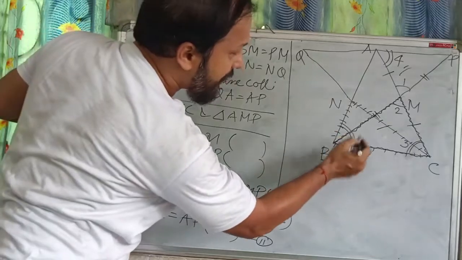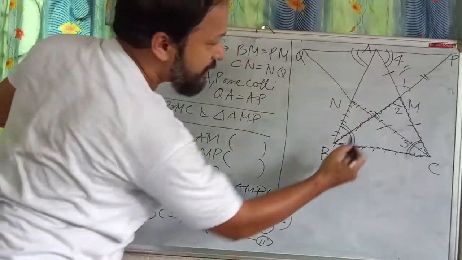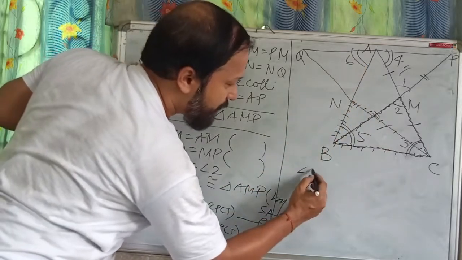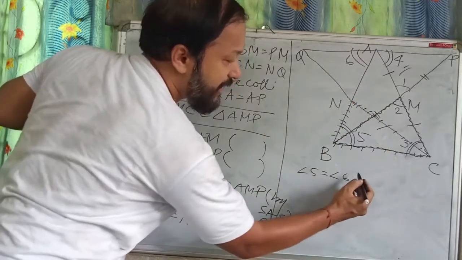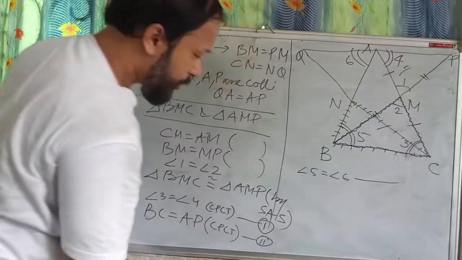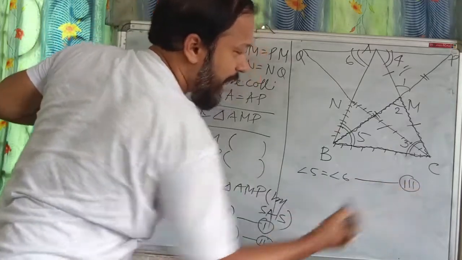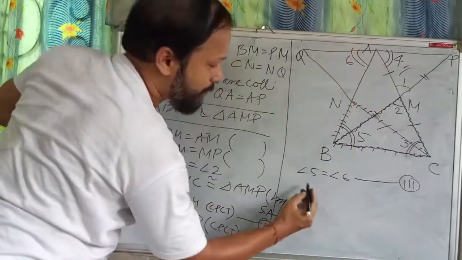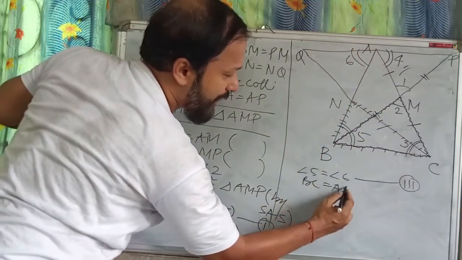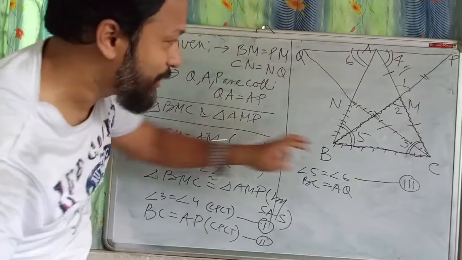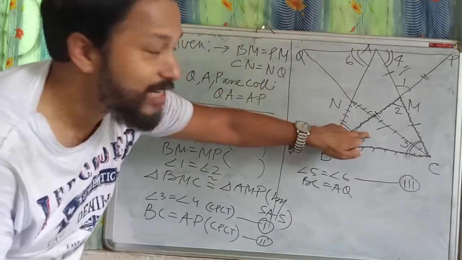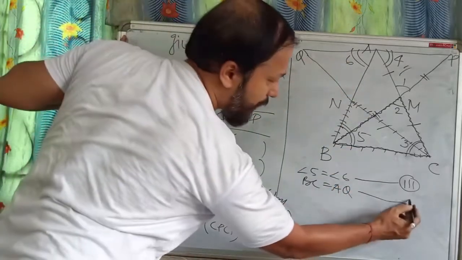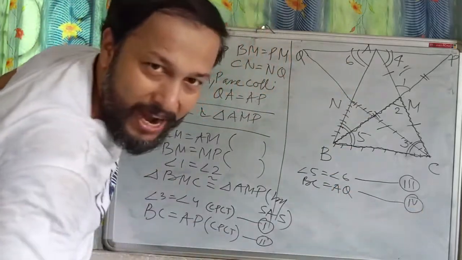Then this angle equal to this angle, say angle 5 equal to angle 6. That is CPCT, equation number 3. I can also say that BC equal to AQ. That is also CPCT. That is number 4.